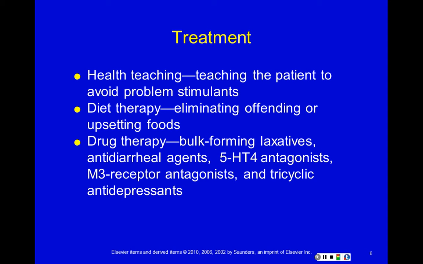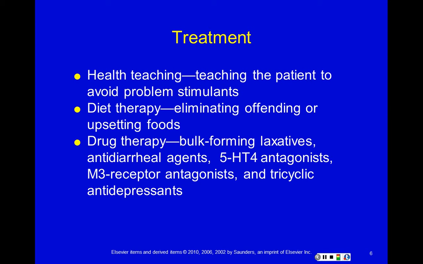So caffeine, alcohol, eggs, wheat products can be offensive and cause things such as diarrhea. The person may need bulk forming laxatives, antidiarrheal agents, as you see up here, your 5-HT4 antagonists.